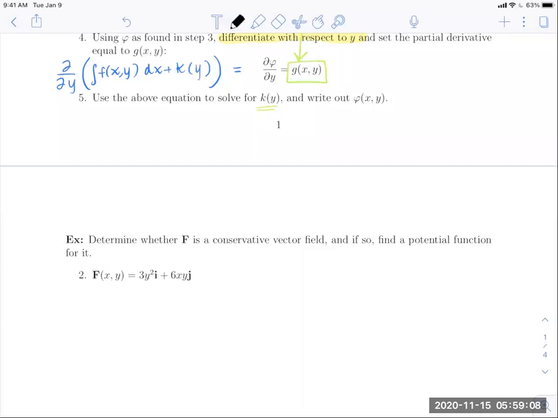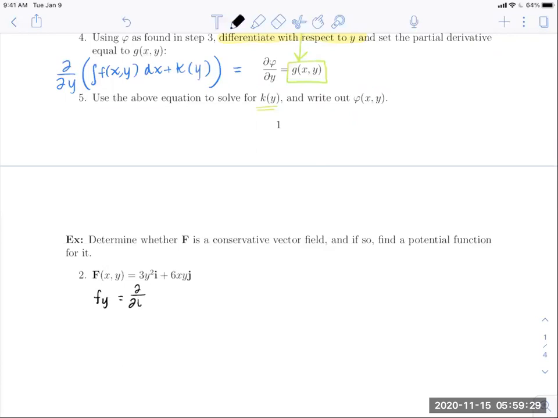So let's get started here with problem number 2. We have a given vector field, and what I'm going to do first is take the partial with respect to x of f. So that is partial with respect to, I don't want with respect to x. I want with respect to y. So we'll correct that.